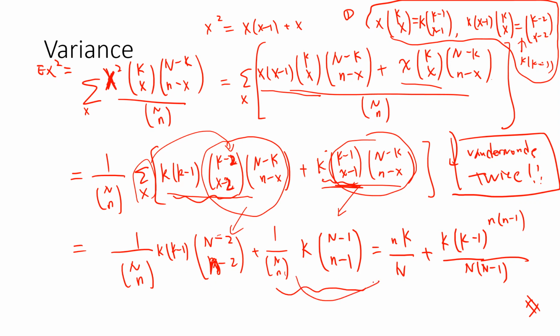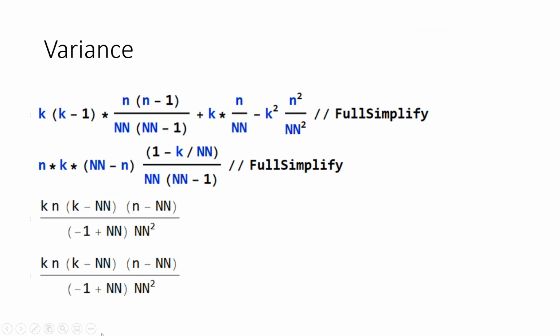Then this term is the original one, nK over N, and this is K minus 1 times n minus 1 divided by N minus 1. Remember this is E[X squared], right? We need to calculate variance, so we need E[X squared] minus (E[X]) squared.